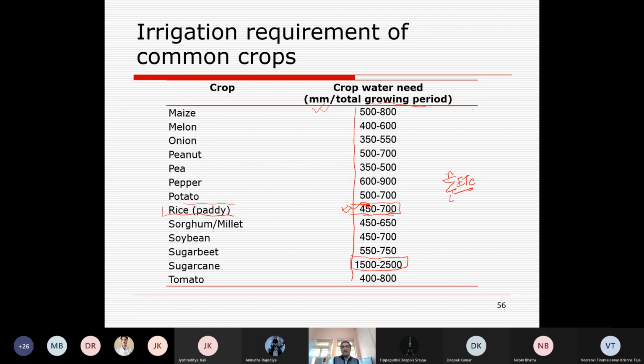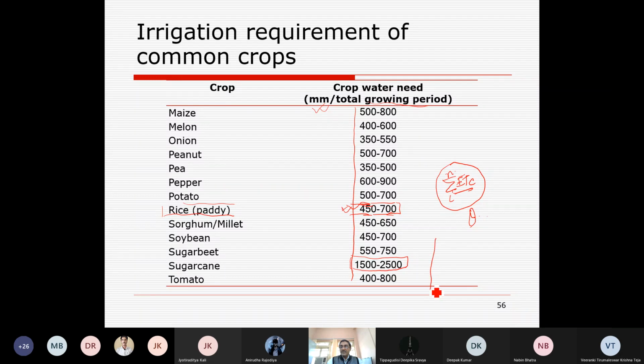So if we know the irrigation requirement of the crop, simply by accumulating ET, we can find out when to irrigate the crop. Simple idea. Earlier as well I told you that we need to find out the soil moisture at which the yield is getting reduced or affected in a substantial manner.